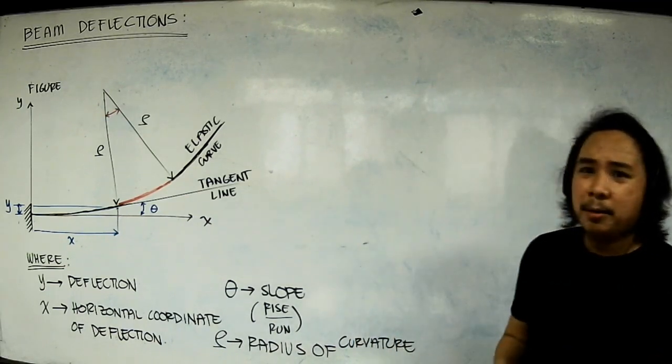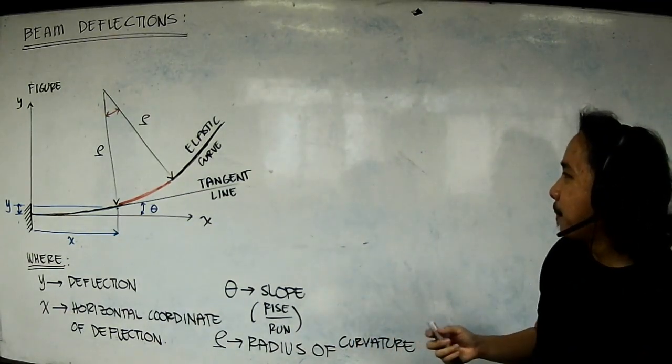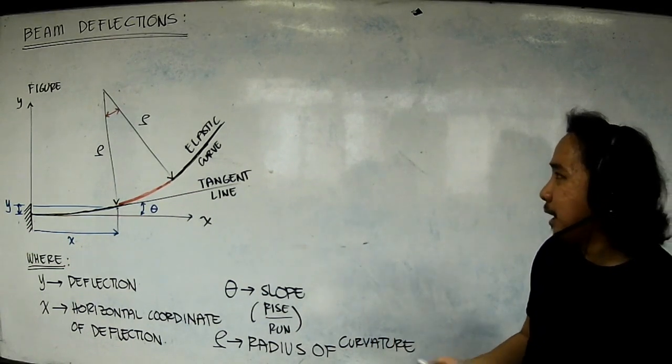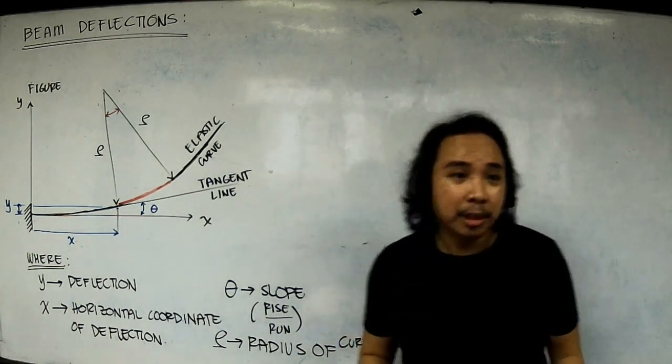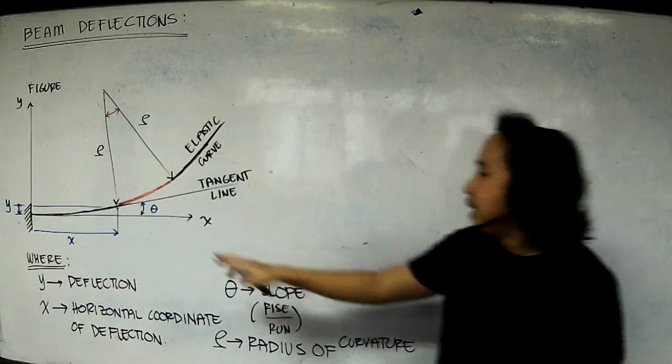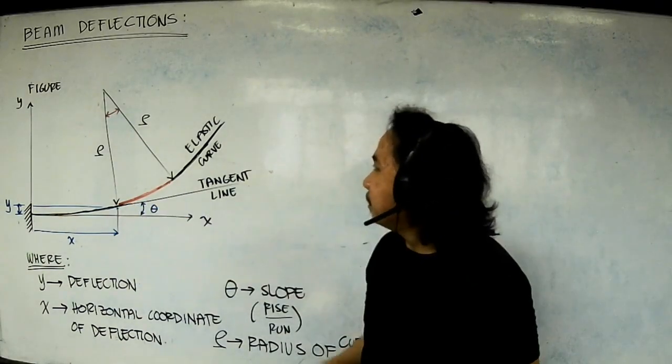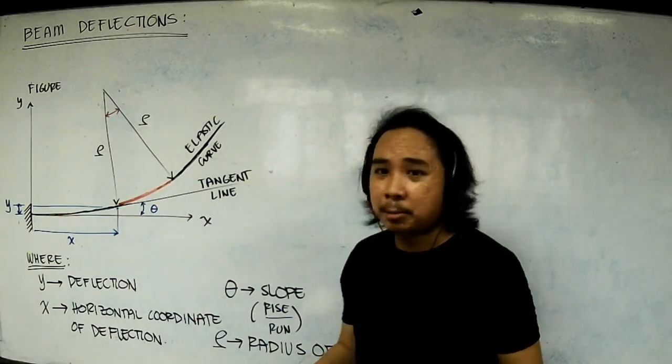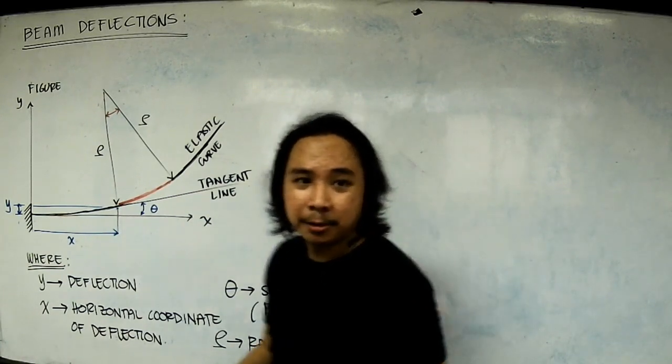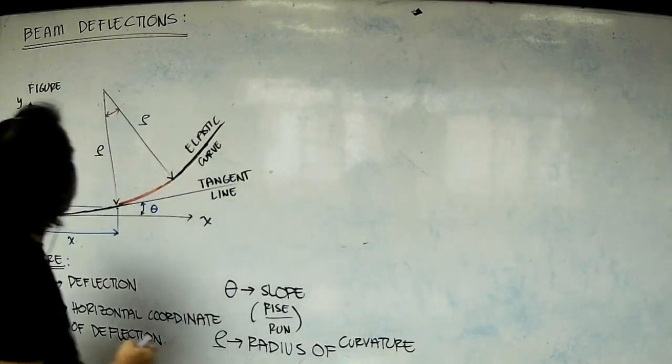So, when you say curvature, we treat it as a part of a circle, and circular geometry directly applies. Okay? Although on a very small level.